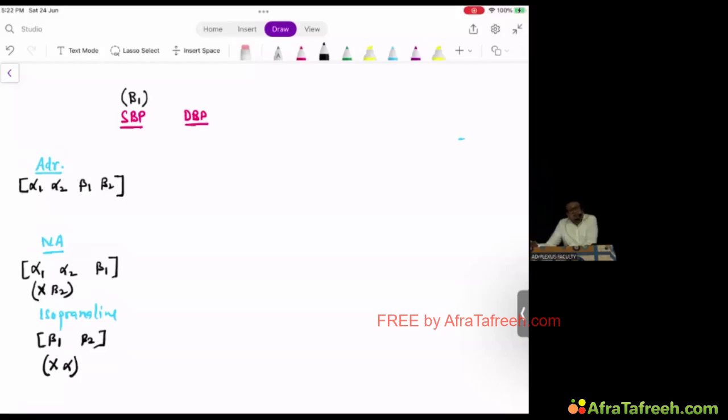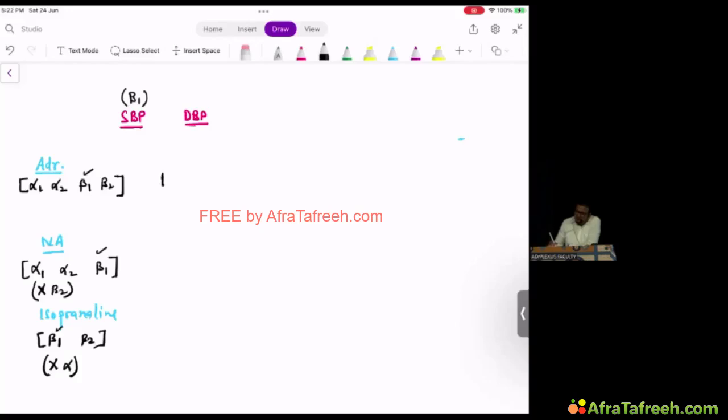Any drug which stimulates beta 1 will increase systolic BP. All the three drugs, as you can see, act on beta 1. All of them increase systolic BP. They all act on the heart, so systolic BP goes up.